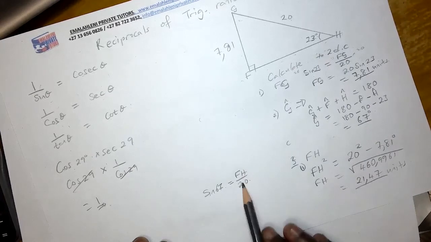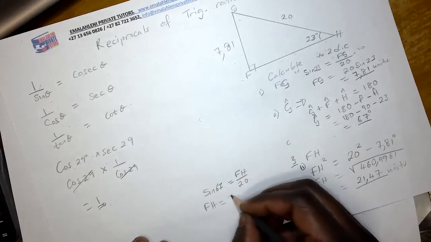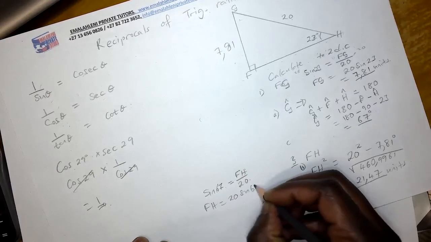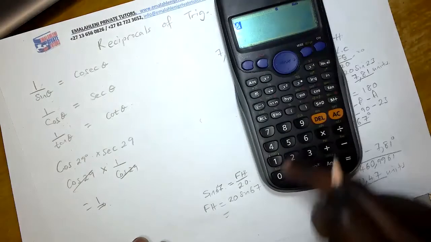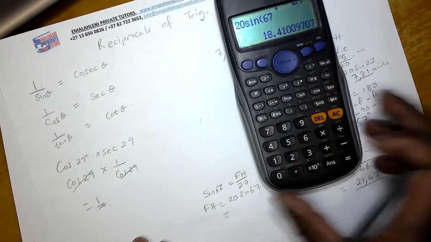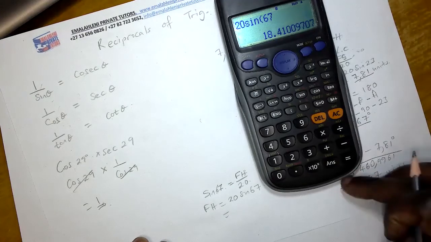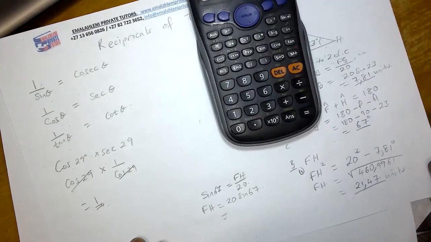And how do we get FH? FH is going to be equal to 20 sine 67. And what do we get here? When we say 20 sine 67, what are we getting here? We're getting 18,41. Did you make a mistake there?